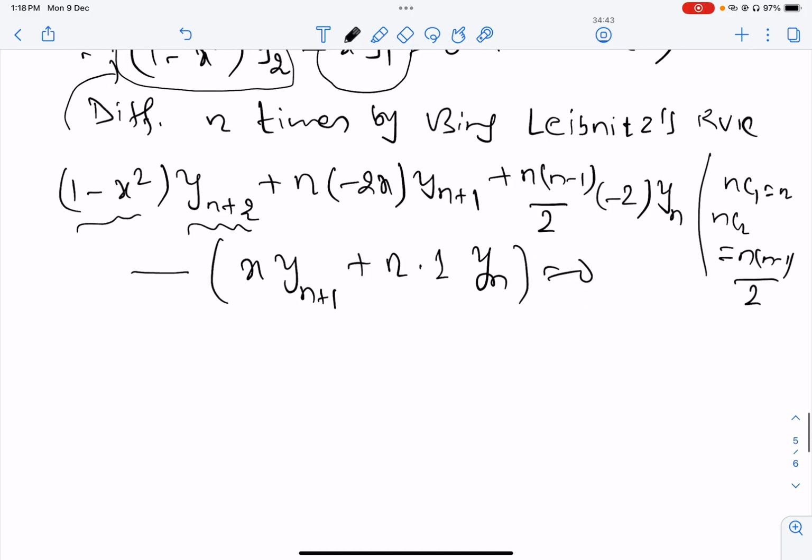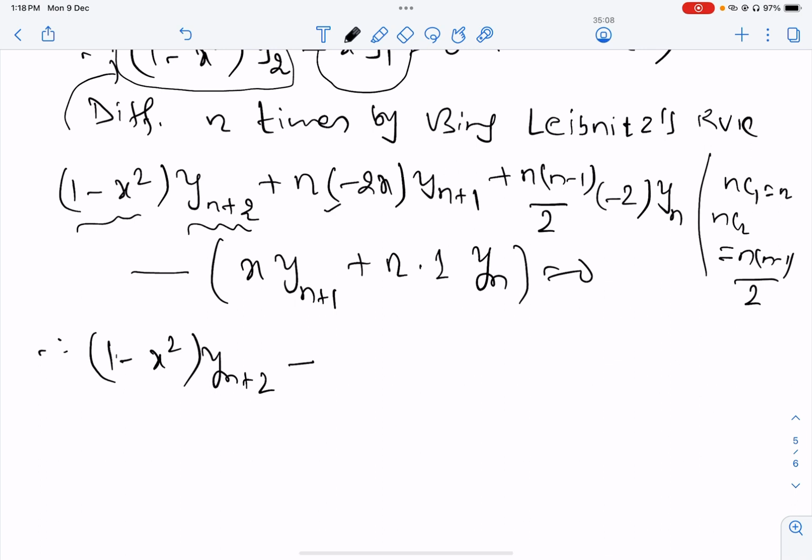So now simplify. So therefore this is (1 minus x square) yn plus 2. Now where are yn plus 1 terms? So here yn plus 1, here also yn plus 1. So let us take these two terms. Let us take minus outside.